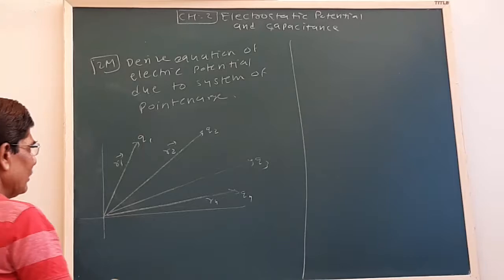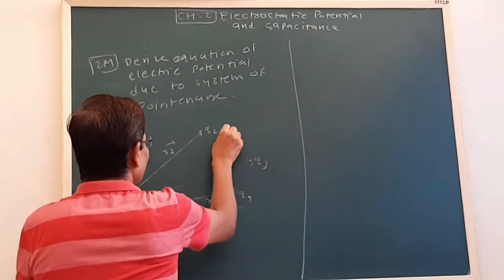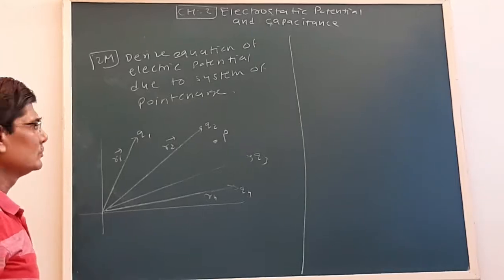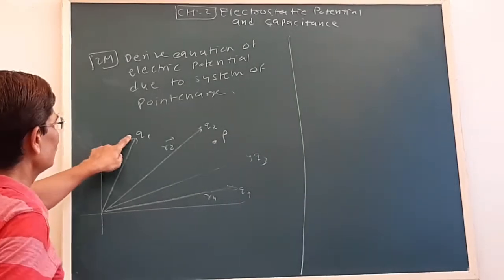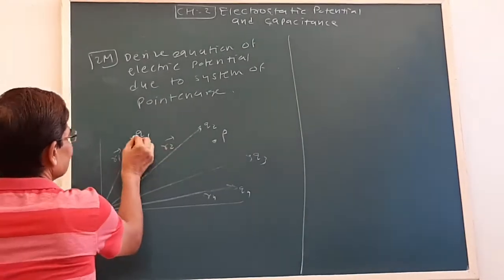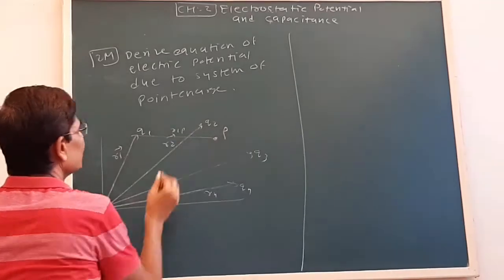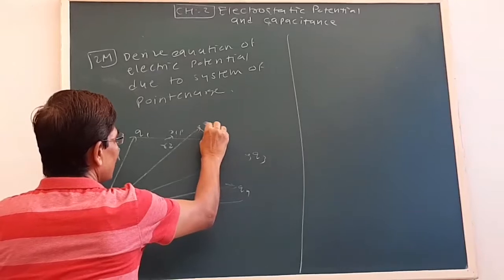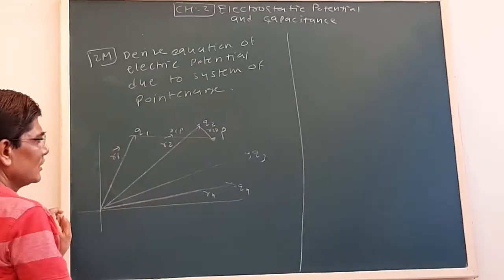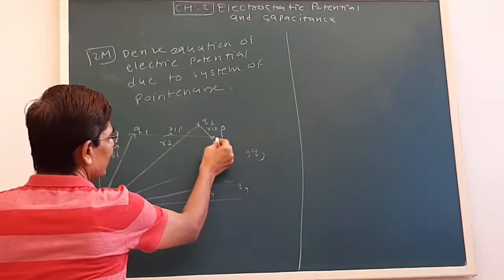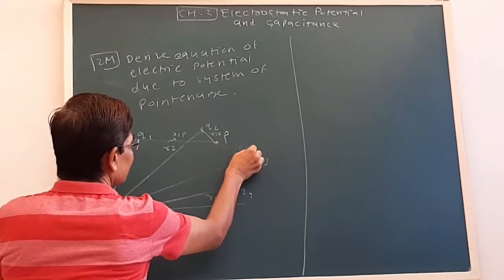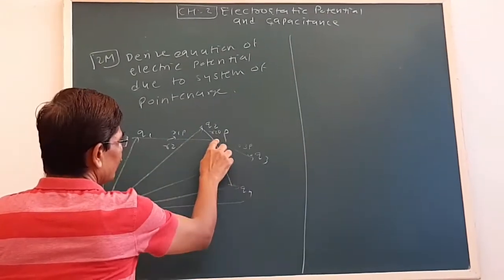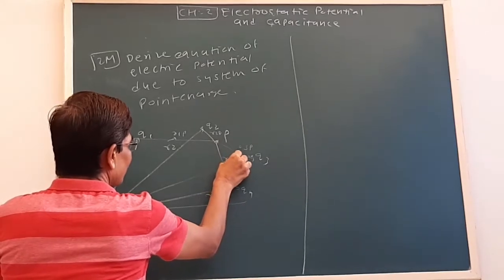Now we have to find the potential at a point P. The distance between Q1 and P is R1P. Similarly, the distance between P and Q2 is R2P, between Q3 and P is R3P, and between Qn and P is RnP.